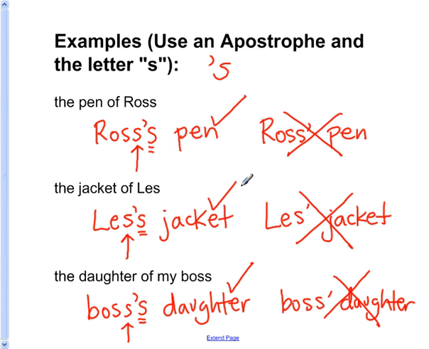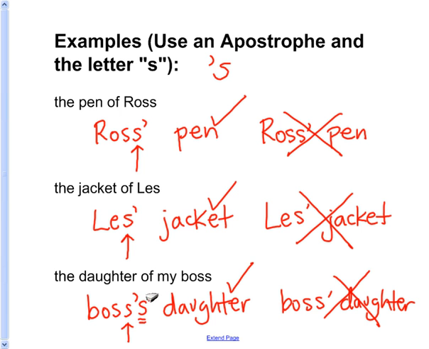Now, this is technically correct, what I've shown you. Be careful, though. It is accepted in English, even though it's not technically correct, to drop the S. This is not to confuse you, I just want you to know that it is accepted.